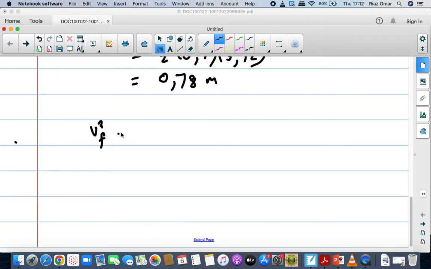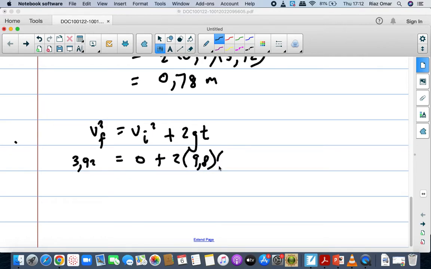Vf squared is equal to Vi squared, which is 0, plus 2 times acceleration, which is gravity, times displacement. So your final velocity 3,92 is equal to your initial velocity, which is 0, plus 2 times 9,8, which is gravity.